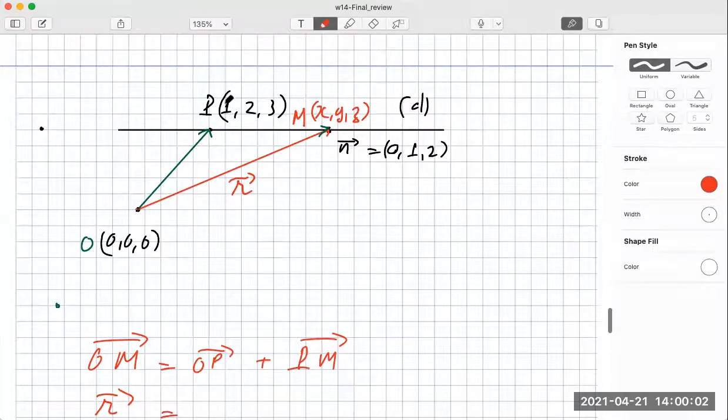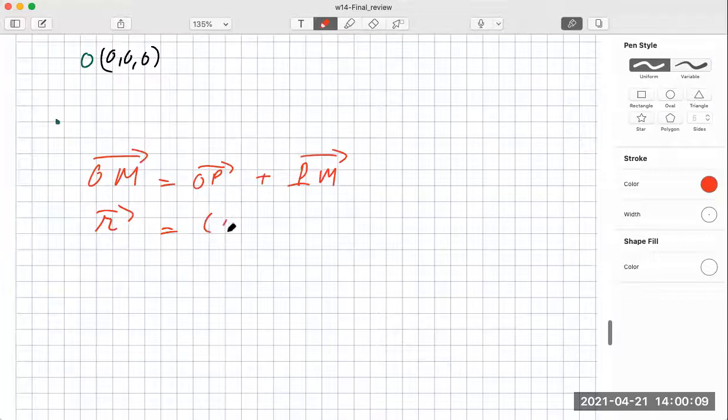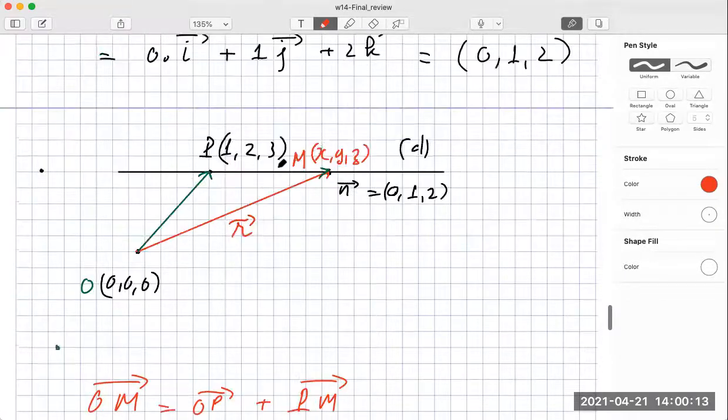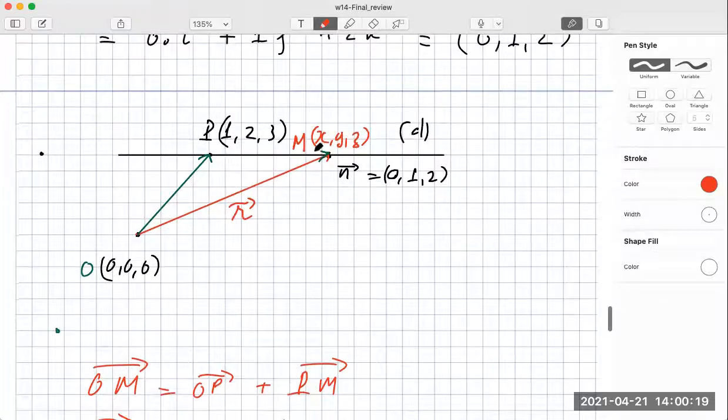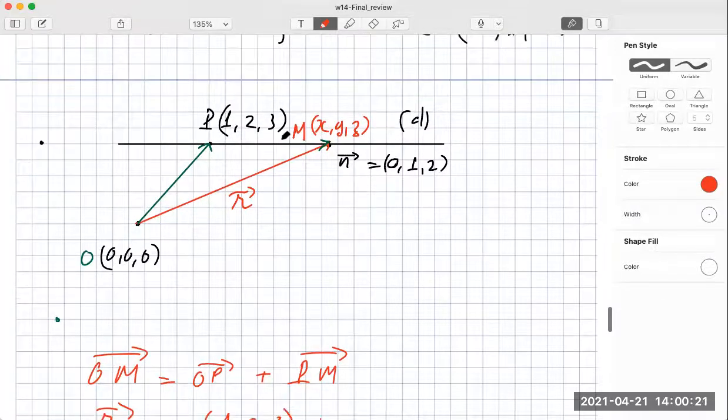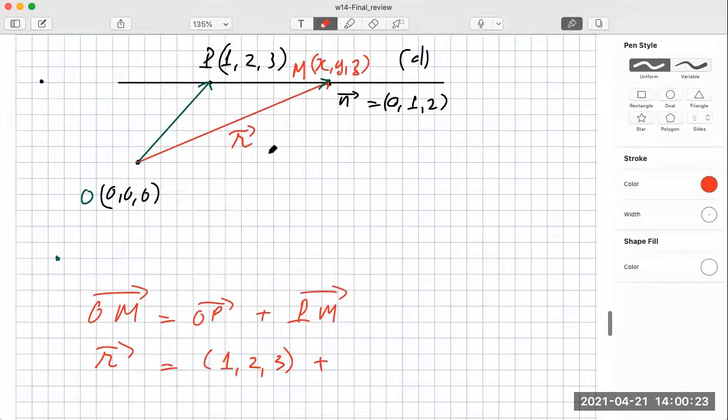therefore, OP will be 1, 2, 3 here, right? It will be 1, 2, 3. PM here, the vector this, is parallel to the vector n here, right?